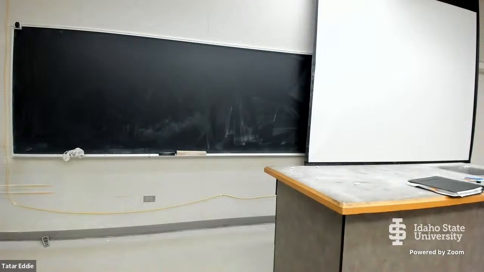So this is a single narrow opening, and you see the sequence of bright and dark spots around the central bright spot. And this phenomenon, a sequence of bright and dark spots after a single opening, is what we call diffraction of light. A diffraction pattern is what you observe.